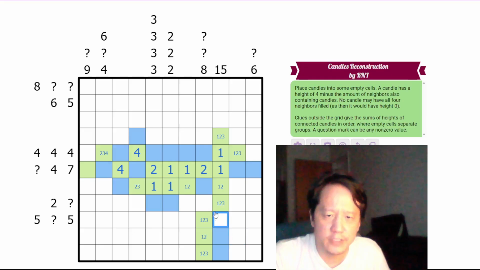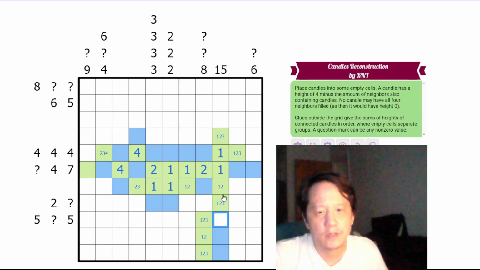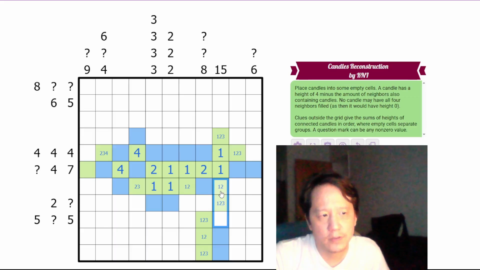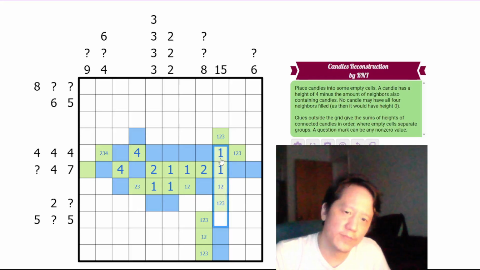So we are guaranteed then, if we have 3, so 2, 2. 3, 2, 2 is 7. 3, 2, 2, 1, 1.